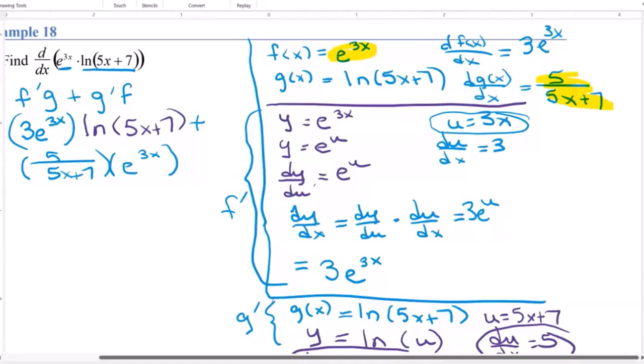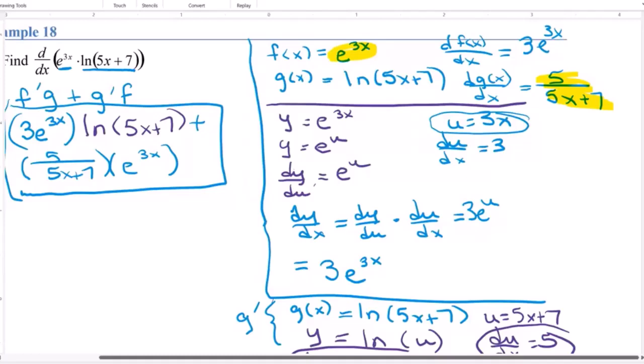This is actually my derivative, but we're going to clean it up a little. I'm going to get rid of this, and I'm going to say, okay, well, I notice that I have e to the 3x in both my terms. So I'm going to factor out e to the 3x.